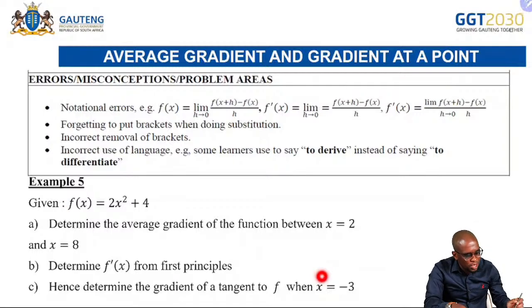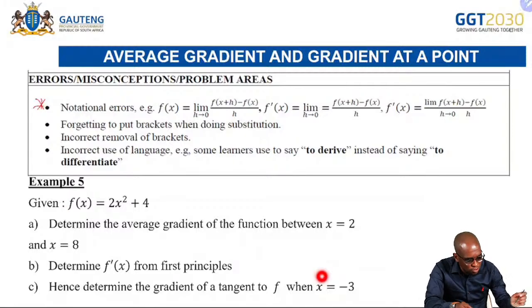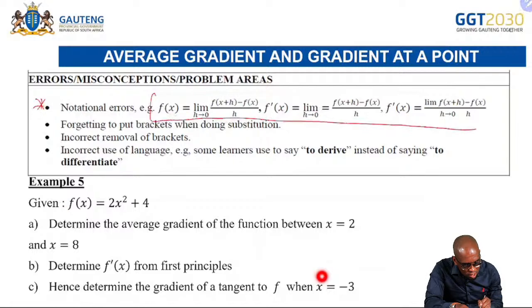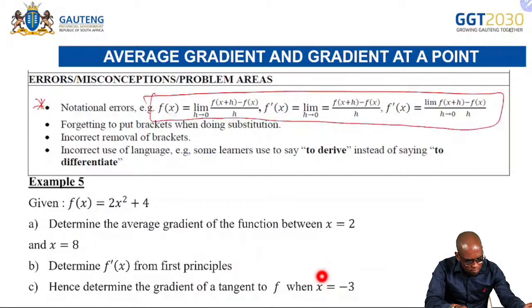Now, we have some of the errors that you mostly make when you work with average gradient as well as first principles. At times you make errors in terms of notation. Please, these are errors that are based on the fact that at times you don't use the formula sheet. Use the formula sheet to get the equation of the first principles.